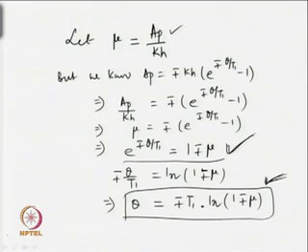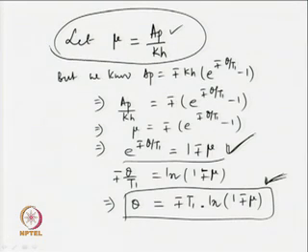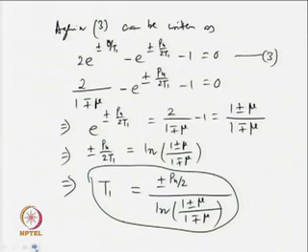Further analysis will be done, and we know that mu is equal to AP by KH, that we have taken as the approximation. We started our analysis with the introduction of a new variable mu as AP upon KH.